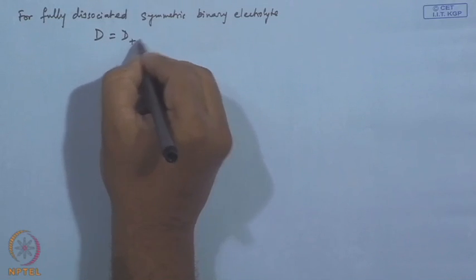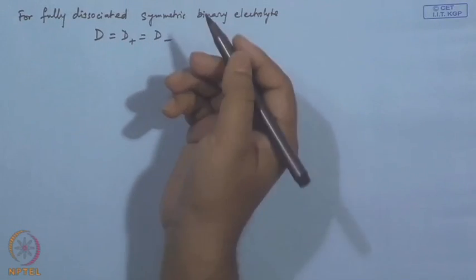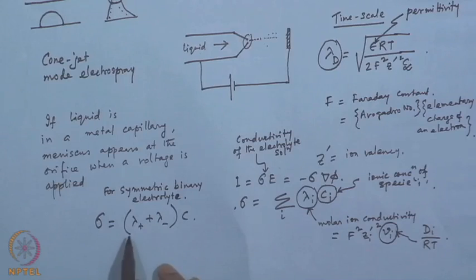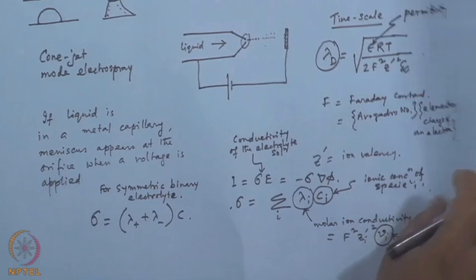We are talking about D I. Since we have brought in lambda plus and lambda minus for a symmetric binary electrolyte, by the same token you will have D plus and D minus, and both would be equal to D for a fully dissociated symmetric binary electrolyte.